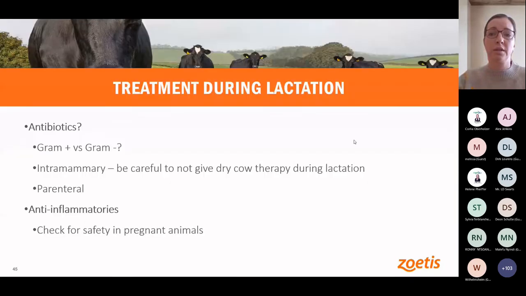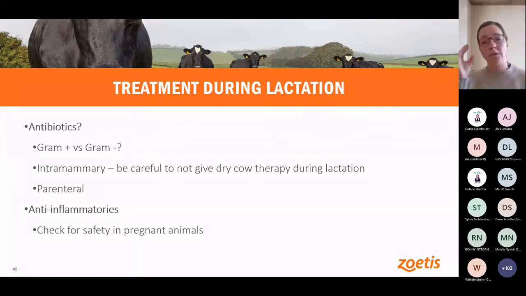Okay, so let's quickly talk about treatment during lactation. I've put antibiotics with a question mark because there is more pressure on veterinarians to make sure that antibiotics are indicated before they actually advise the use thereof.